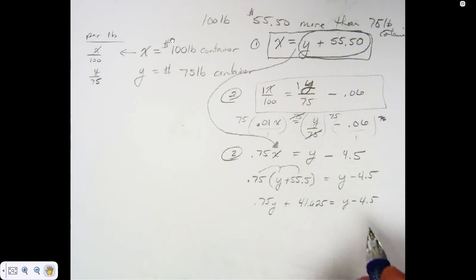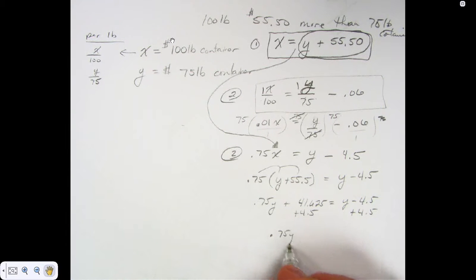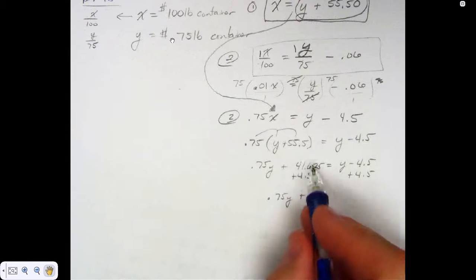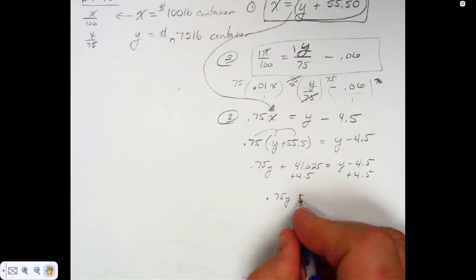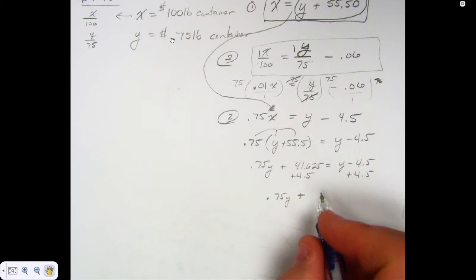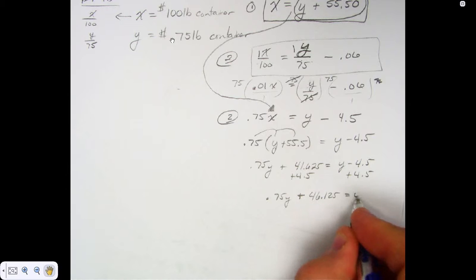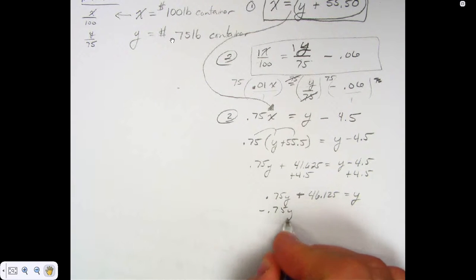Well, I'm going to add 4.5 to both sides. And that will leave me 0.75y plus what? What is 41.625 plus 4.5? 46.125. Y. Now I'm going to subtract 0.75y from both sides.